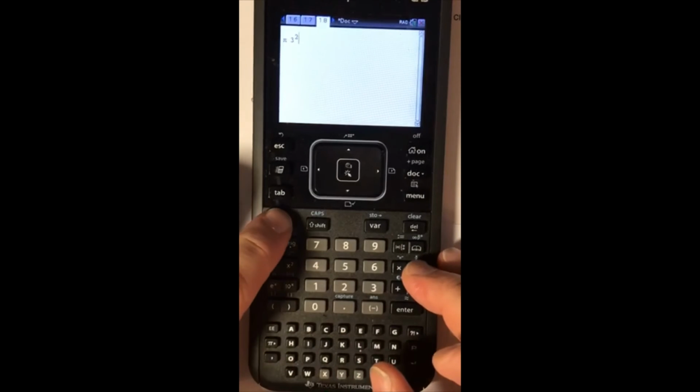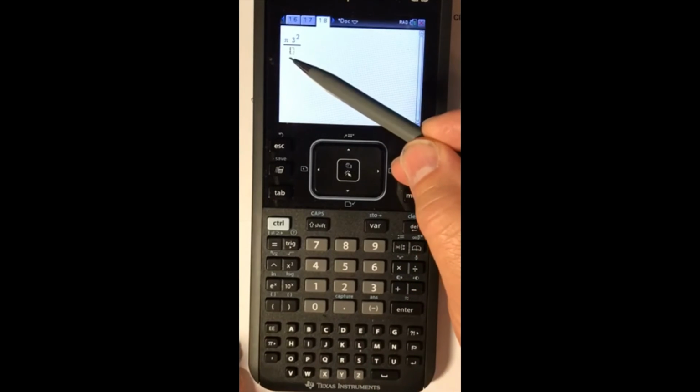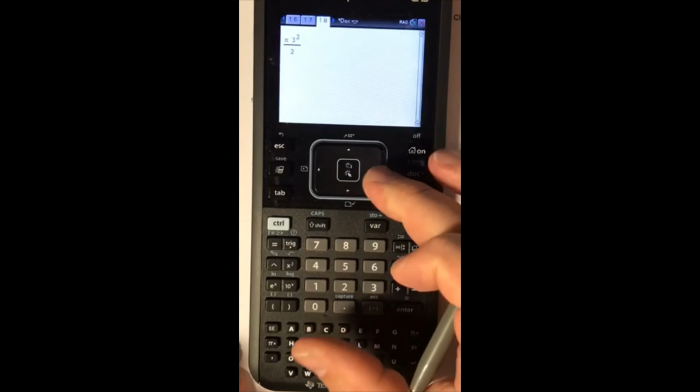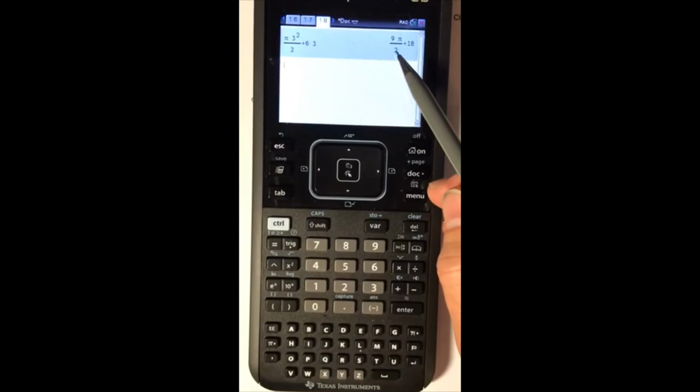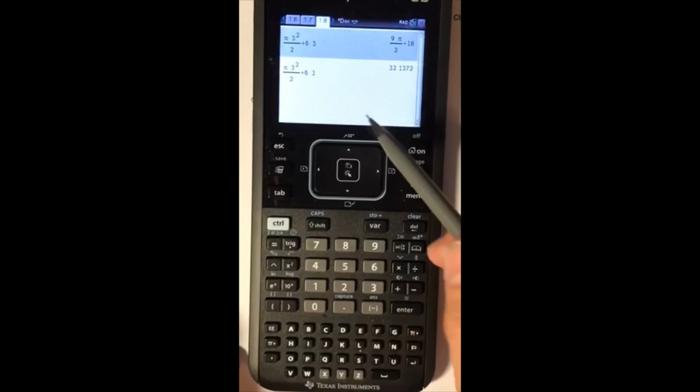Let's go ahead and do control divide here. At this point here, we can put our 2, and don't forget arrow out, plus, and then 6 times 3. And this calculator does it this way. So if I press control enter, because I have a fraction, press control enter to get the decimal.